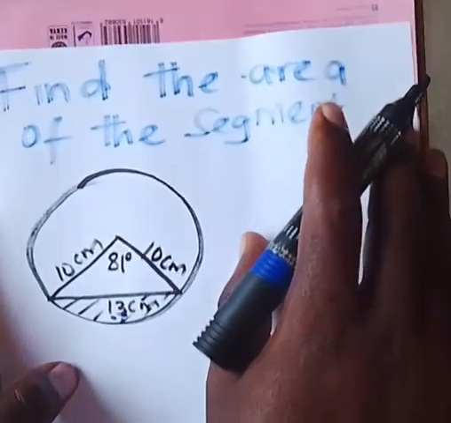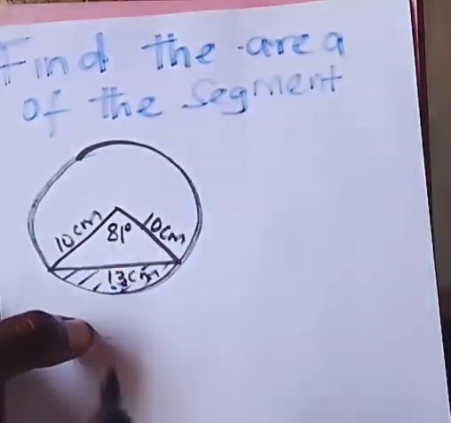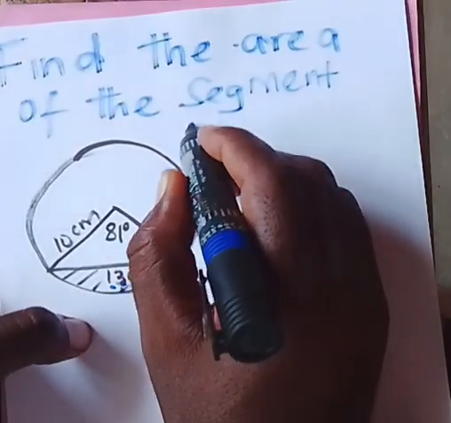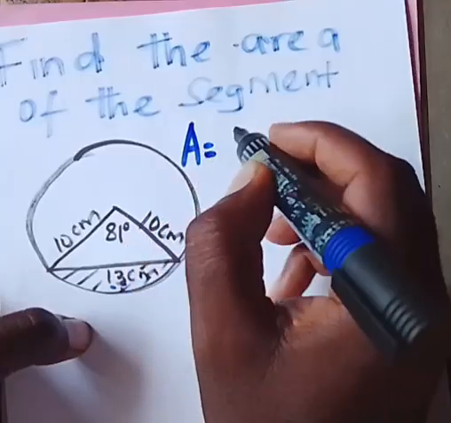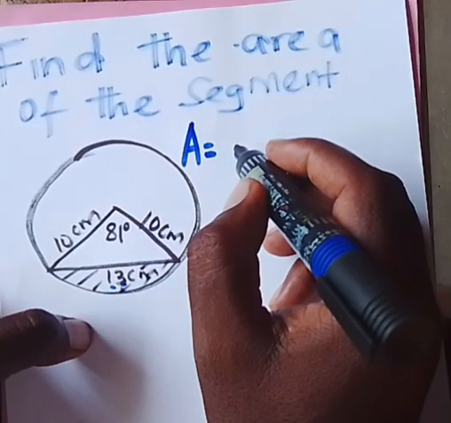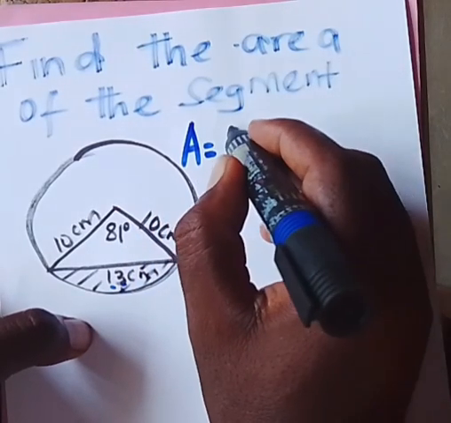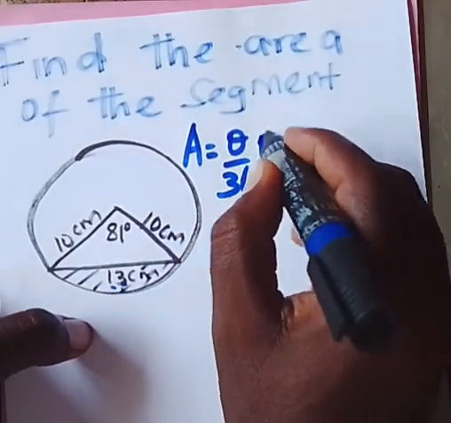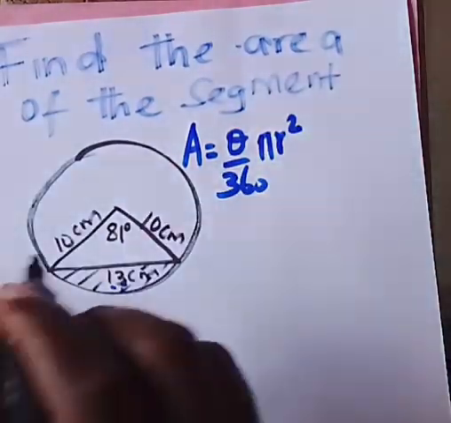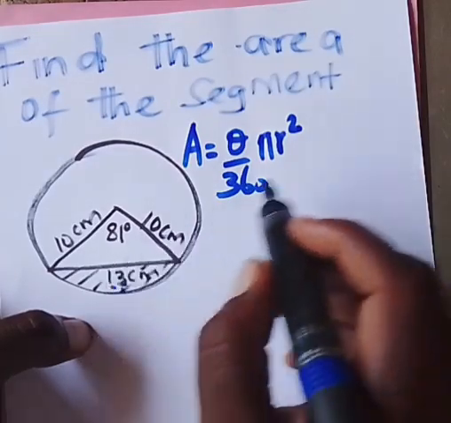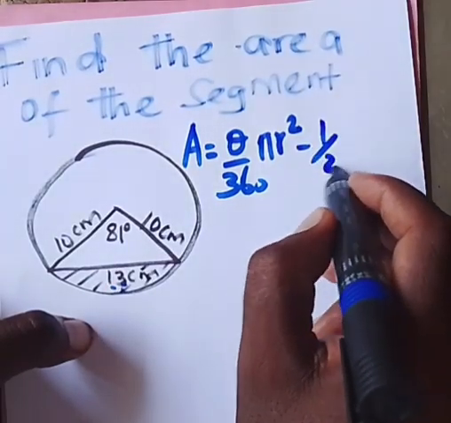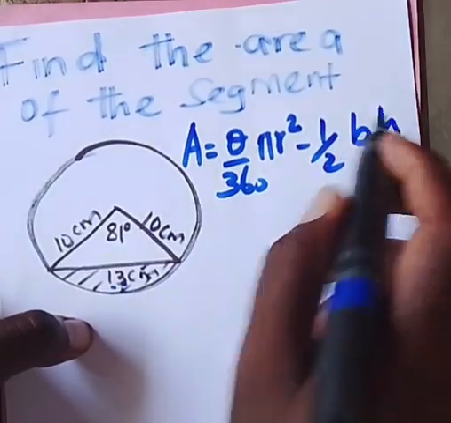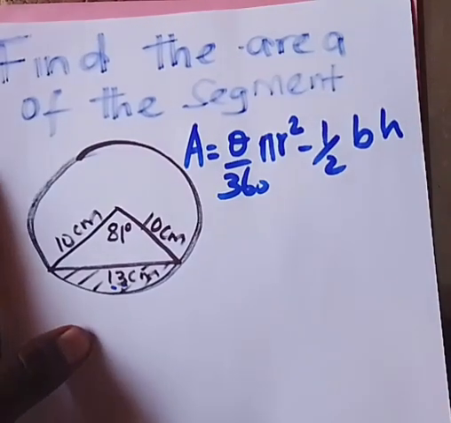So we will start by writing the formula, and we say the area of the segment is simply the area of the sector. The sector is given by theta over 360 pi r squared. And subtract the area of this triangle, which is half base times the height.